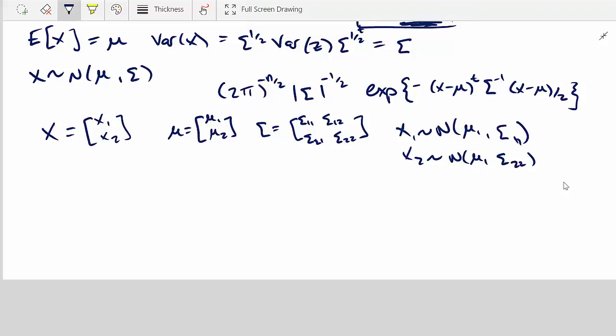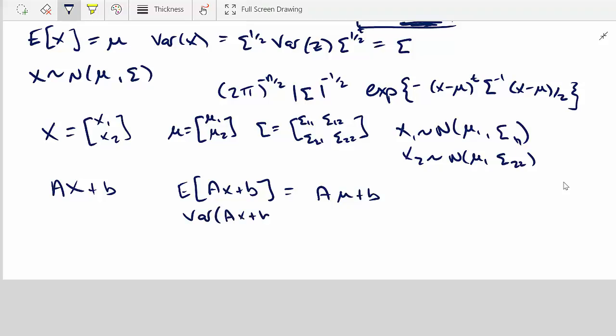The second thing that is true about the multivariate normal is any full rank linear combination of multivariate normals is multivariate normal. So let's suppose I take AX plus b. Then we know the expected value of AX plus b has to be equal to A mu plus b. And we know the variance of AX plus b has to be A times the variance of X, which is sigma, times A transpose.